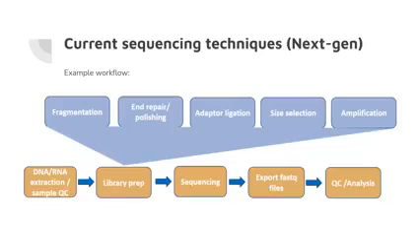So we chop it up, then we repair the ends and apply special sequences called adapters to the ends of the fragments. And these are basically tags for the fragments themselves. And we can select the sizes of the fragments this way because each adapter is specific to that fragment that you want.